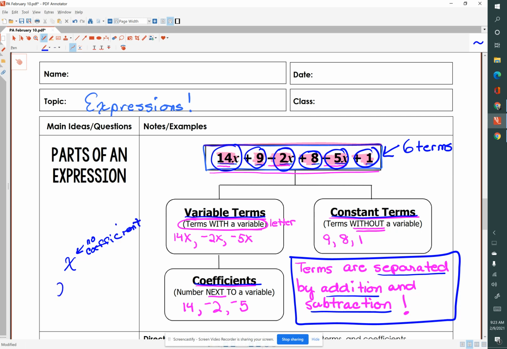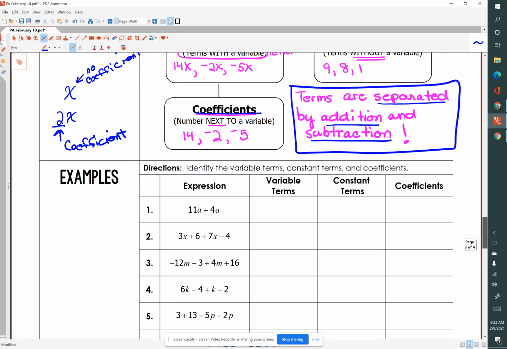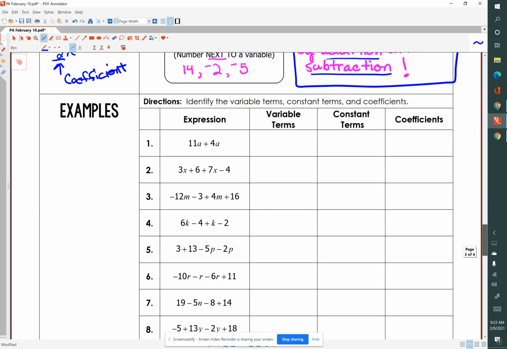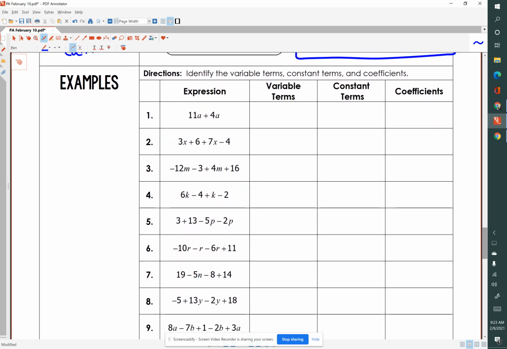It's not until you have 2x that we have a coefficient. So let's see if we can identify the variable terms, the constant terms, and the coefficients in these next few problems we've got here.